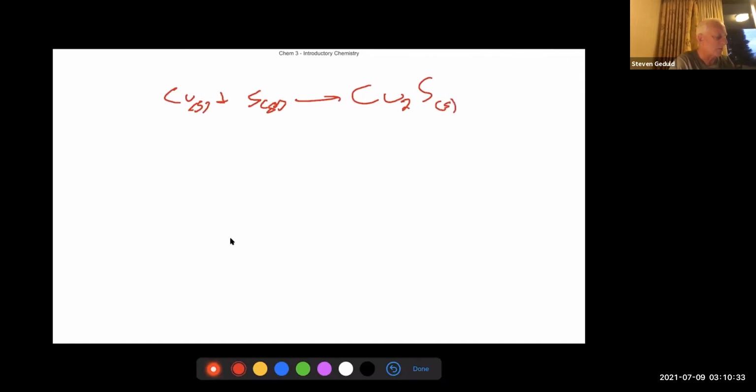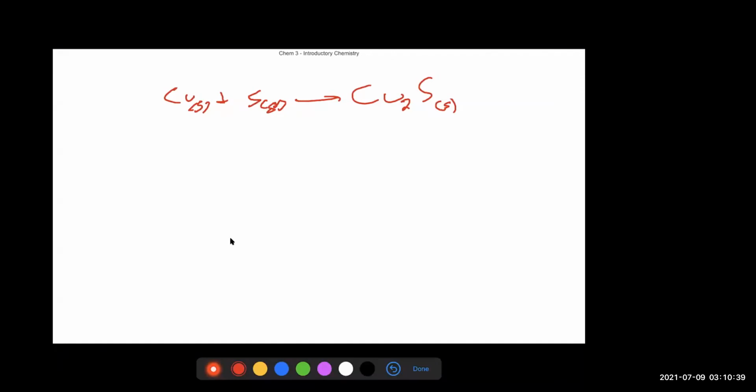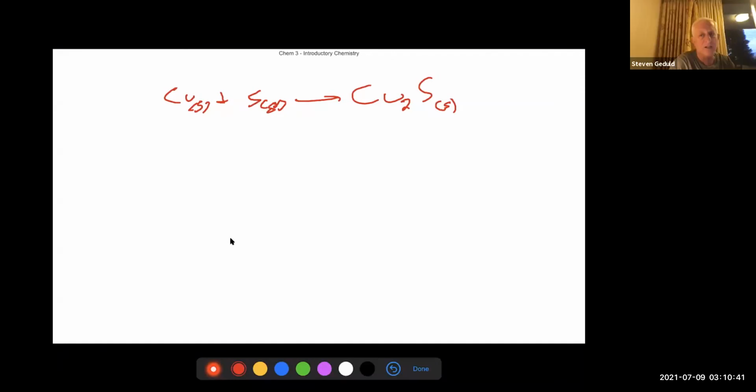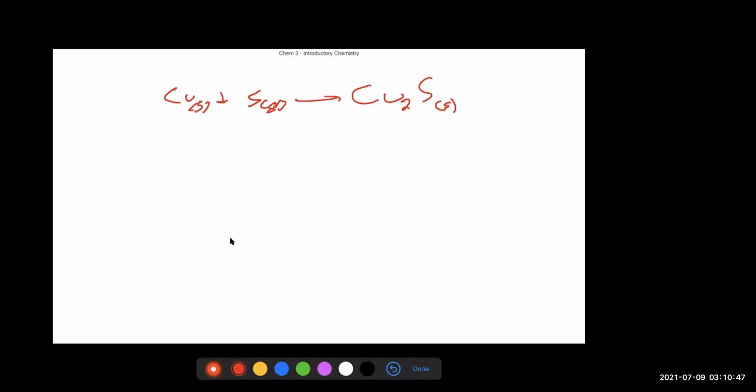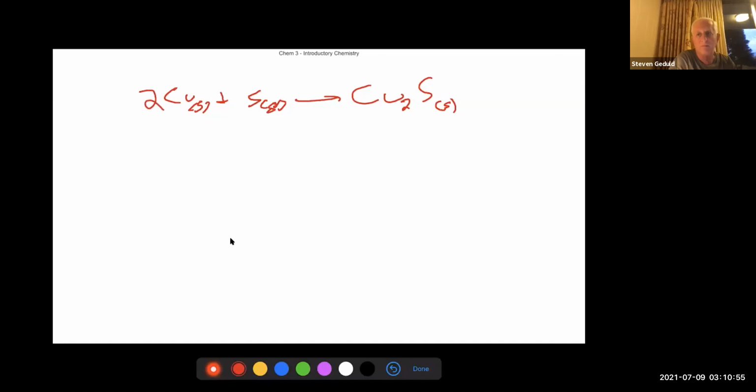What's wrong with that equation? It's not balanced. Unbalanced, perfect. How do we balance it? Add a 2 on the left side in front of the Cu, in front of copper. There you go. That's the correct answer. Perfect.